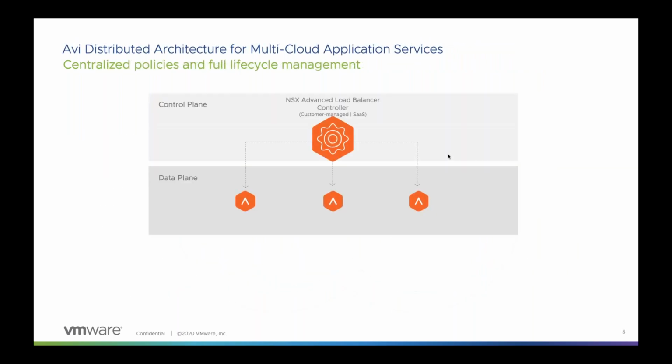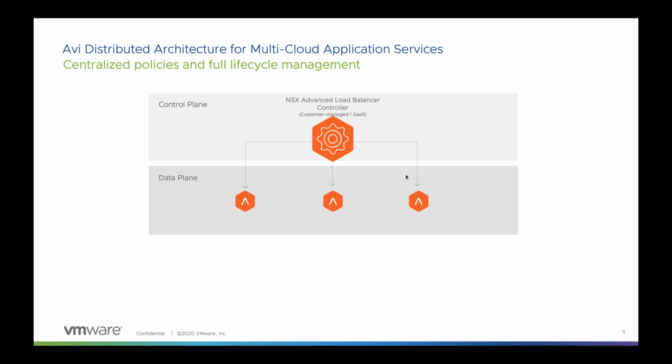How do we do that? Very quick intro into the technical aspect of the architecture. Basically, the Avi system is not an appliance. It's a software-only solution where we have a distributed architecture. The controller, which you see on top, is the brains of the system. It is the entity which you deploy, either in your premises, in your data centers, or it could be a SaaS service as well. The controller, in turn, connects to your environments.